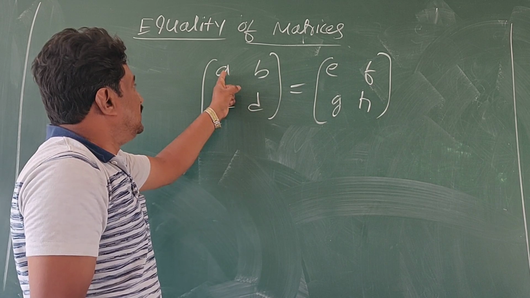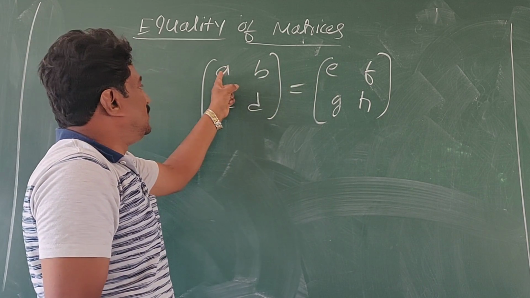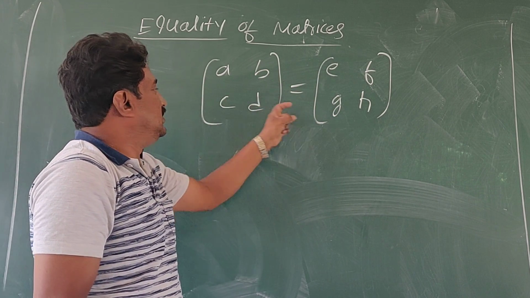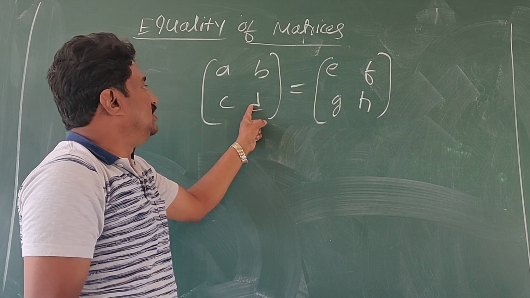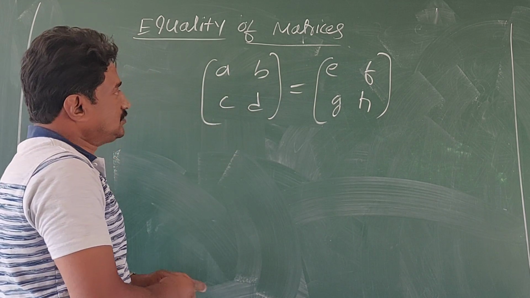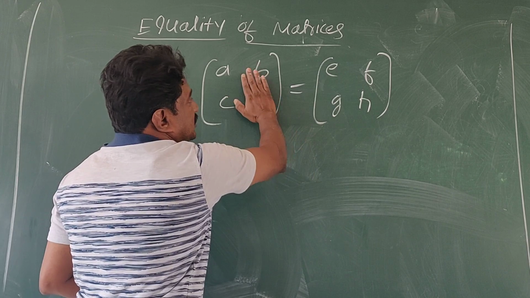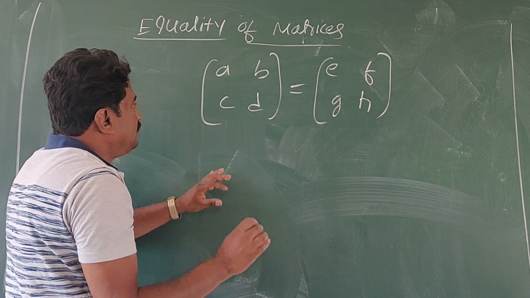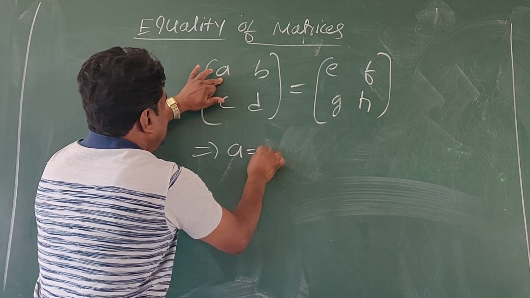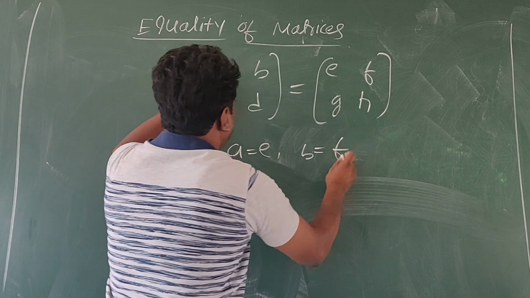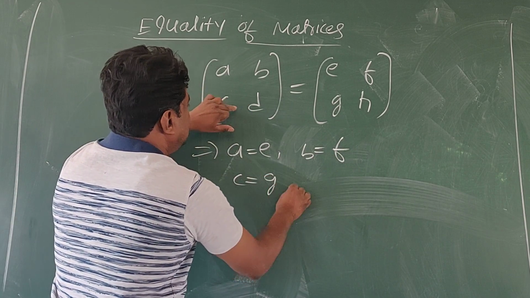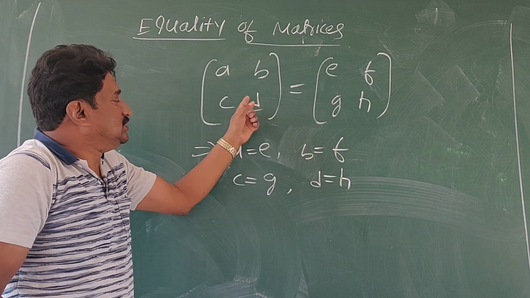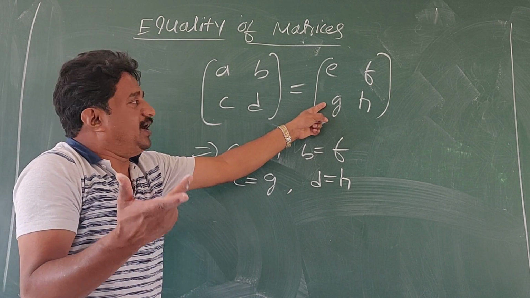Corresponding in the sense E corresponds to A, F corresponds to B, G corresponds to C, and H corresponds to D. That means these two matrices become equal only when A is equal to E, B is equal to F, C is equal to G, D is equal to H. If this happens, surely these two matrices are equal.